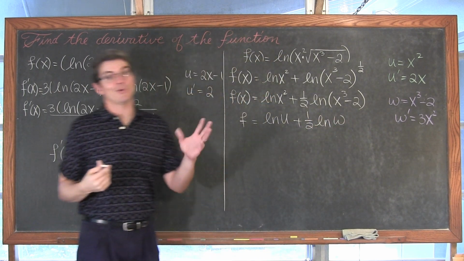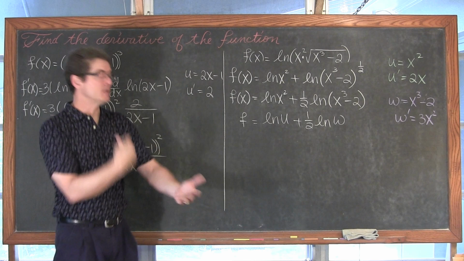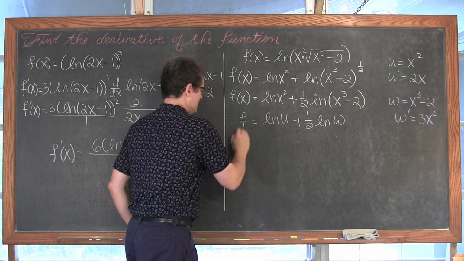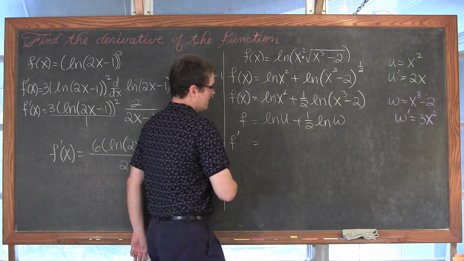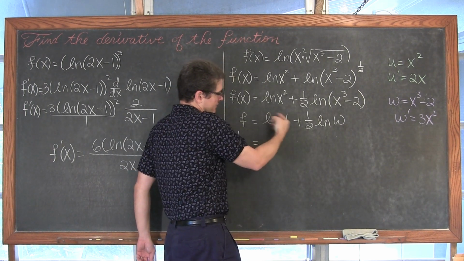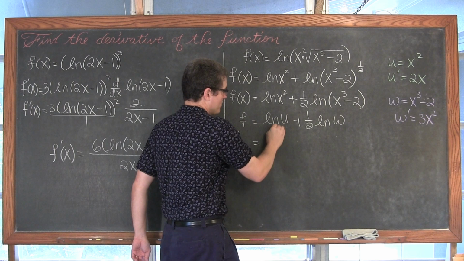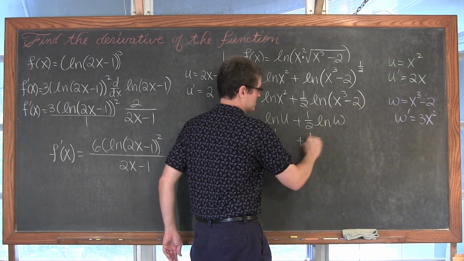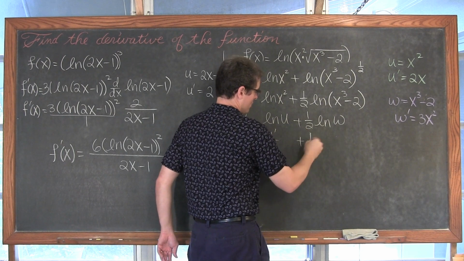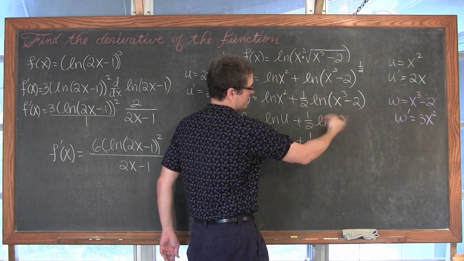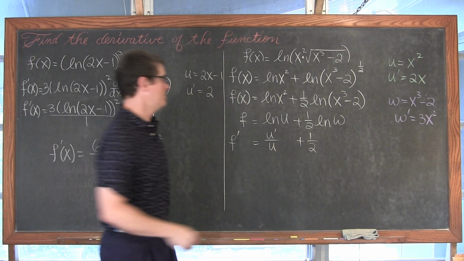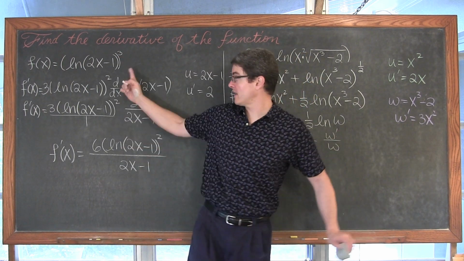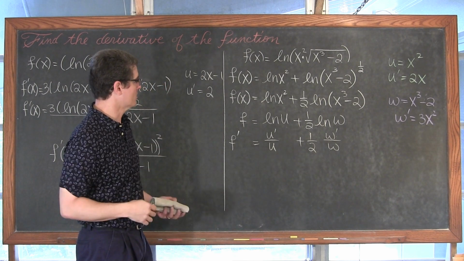I realized I wasn't actually writing that line where I put the substitution in and then reminded you that, now that we start to work out the f prime or the derivative of f, the derivative of natural log of u is u prime over u. I just wanted to show that super detailed substitution work one more time. And the derivative of the natural log of w is going to be w prime over w. I'm going to go back to just writing it like I did in this example where I just verbally said it and wrote it.